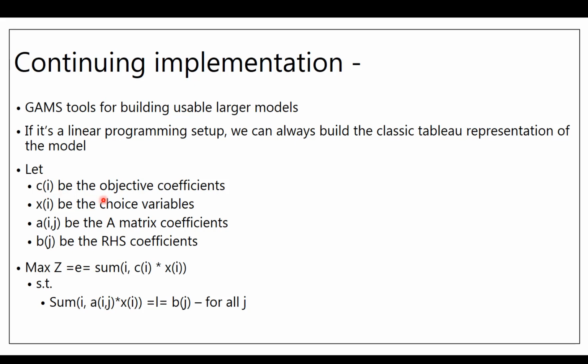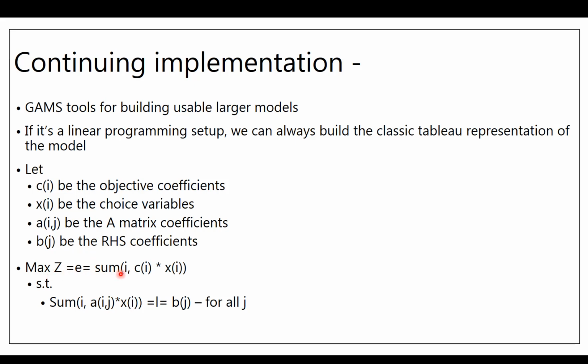Just define the coefficients in the objective equation as Ci, let Xi be all the choice variables. We call it the A matrix, the full coefficient matrix between activities and constraints, just Aij, and then B sub j are the right-hand side coefficients, so the limits on the model. We have a bunch of transfer activities, so a lot of the B sub j's are going to be 0.